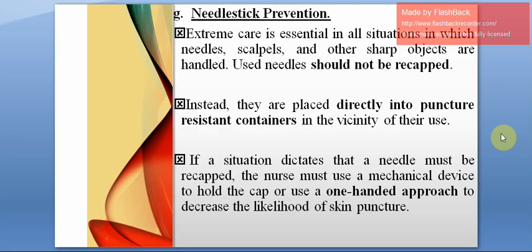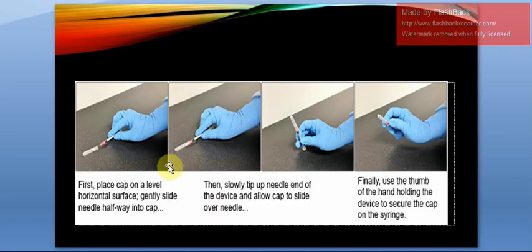Now, if someone tells you to recap the needle, you should use the one hand approach. What do we mean by one hand approach? It means you are using only one hand, not both hands, for recapping the needles. You can see here in the figure, the cap is there and with only one hand they are closing it. This also will prevent needle stick injury.